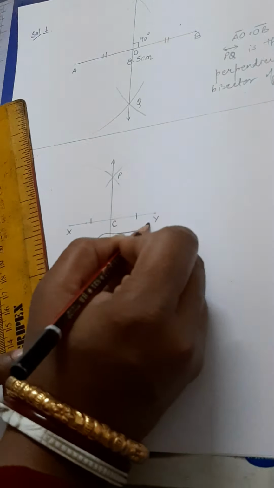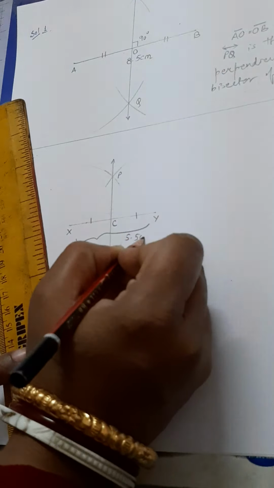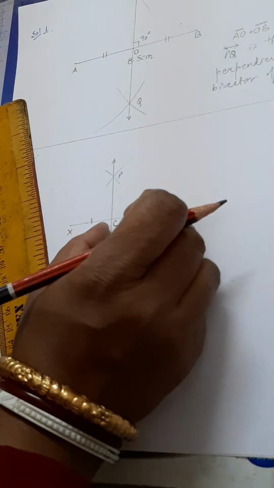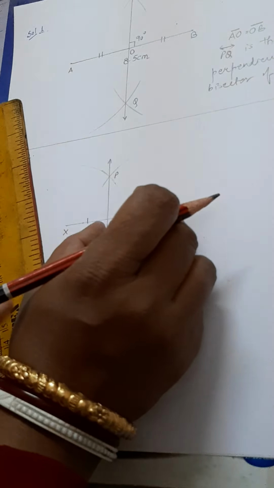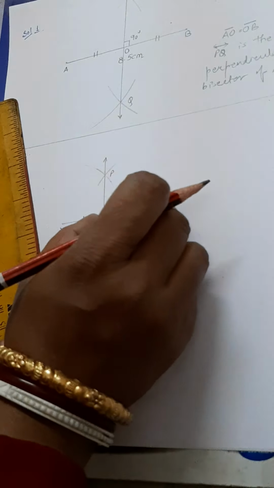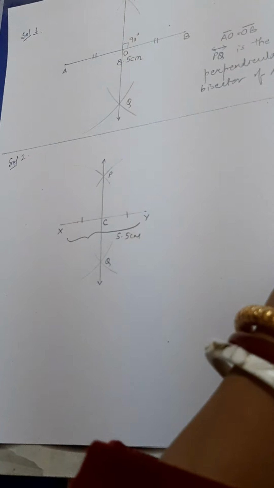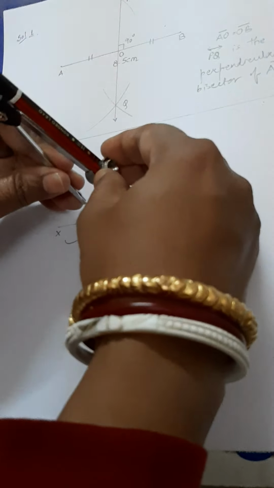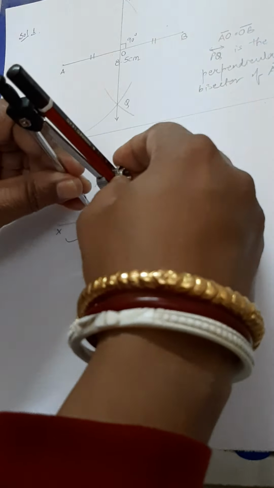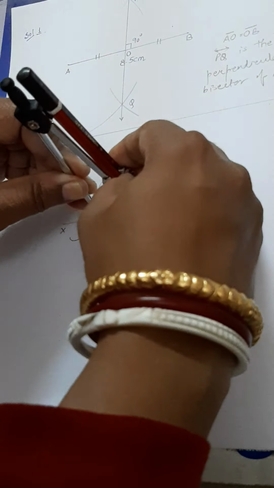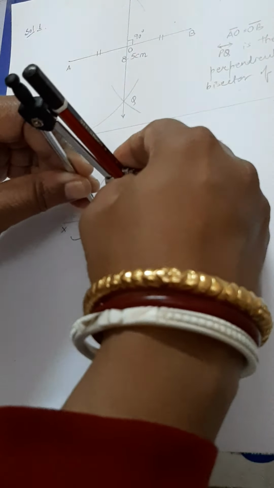Okay, and this whole is 5.5 centimeter. What can we say about CY? It will be half of 5.5 centimeter, which means we are talking about the radius. So we will take CY, which is the radius of the circle we are going to make, and we will make a circle, holding the compass tightly.